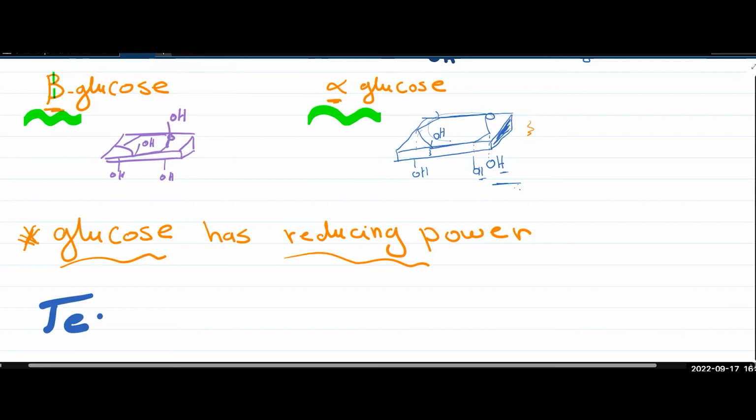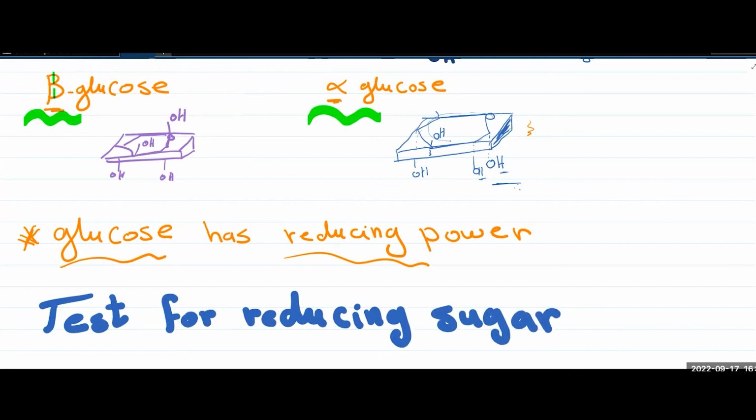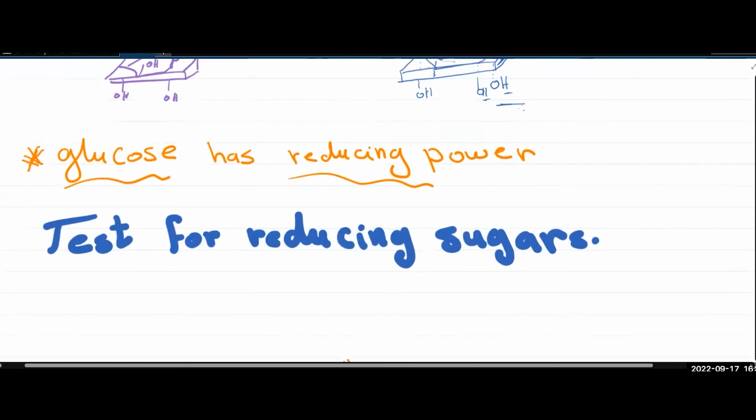So the test for reducing sugars is done by a reagent called Benedict reagent.